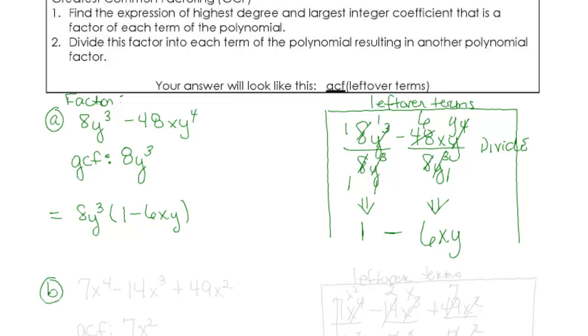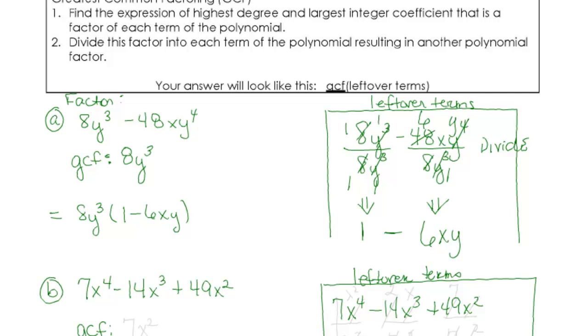We have here 7x to the 4th minus 14x cubed plus 49x squared. All right, so let's look at the coefficients. 7, 14, 49.